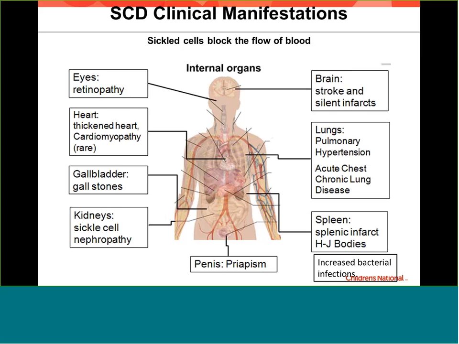I'll start from the head. In the brain, approximately 10% of sickle cell patients will have strokes. That's overt strokes, not having the ability to walk or talk, that lasts greater than 24 hours. And then there are these silent strokes or silent infarcts. That happens to about 30% of patients. That's a little more ominous because those patients, they don't have a loss of neurologic function.